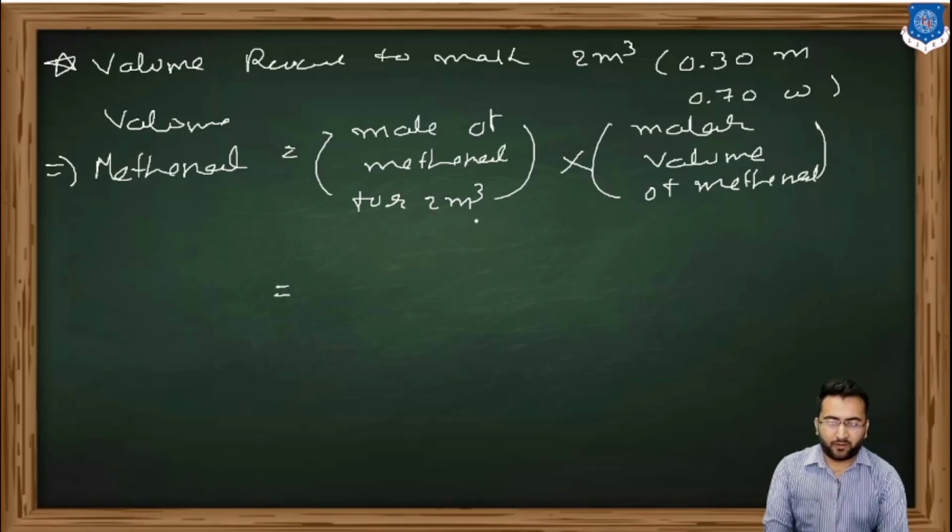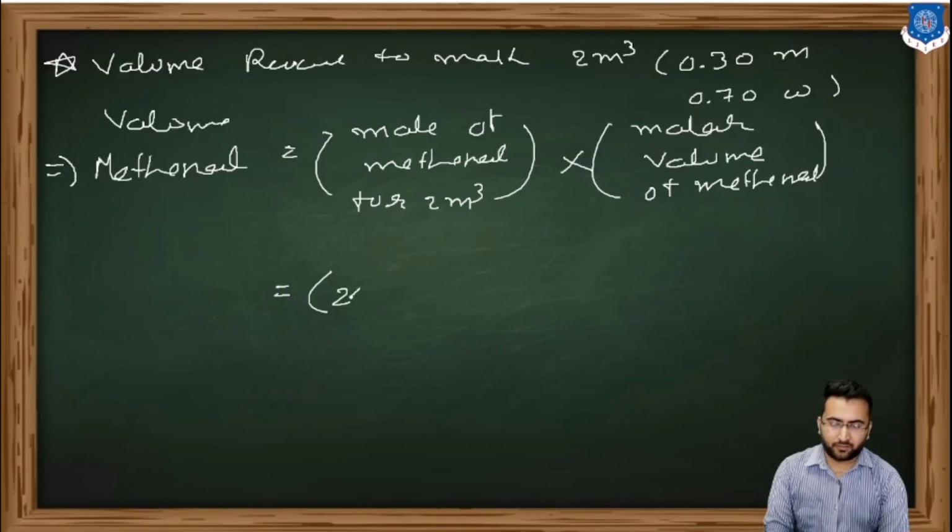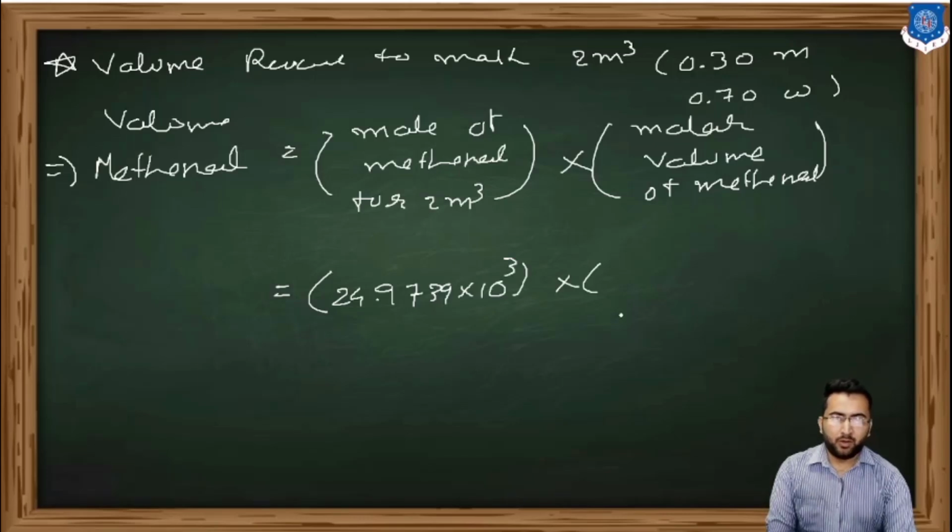The mole of methanol for 2 meter cube solution is 24.9739 multiplied by 10 raised to 3, multiplied by the molar volume of methanol, which is 40.727 multiplied by 10 raised to minus 6.